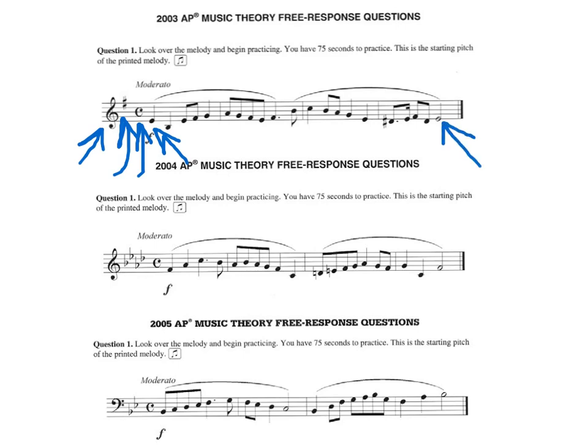The clef, key signature, starting and ending pitches will help you determine if you're in a major or a minor key. In all of these melodies, you begin and end on tonic. Also be aware of any accidentals you may encounter in the melody.